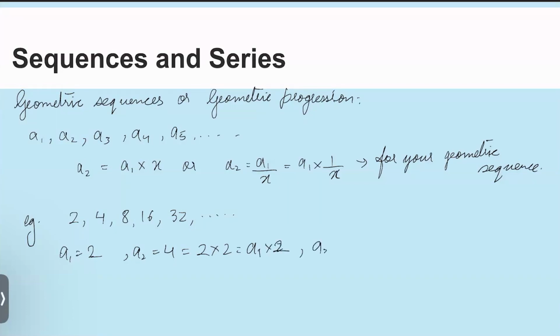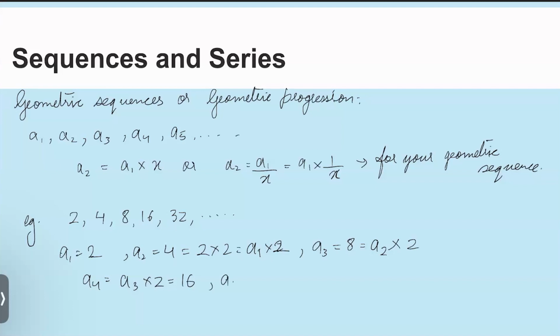Then a3 is 8, which is a2 into 2, because 4 into 2 is 8. Similarly, a4 is a3 into 2, which is 16, since 8 into 2 is 16.